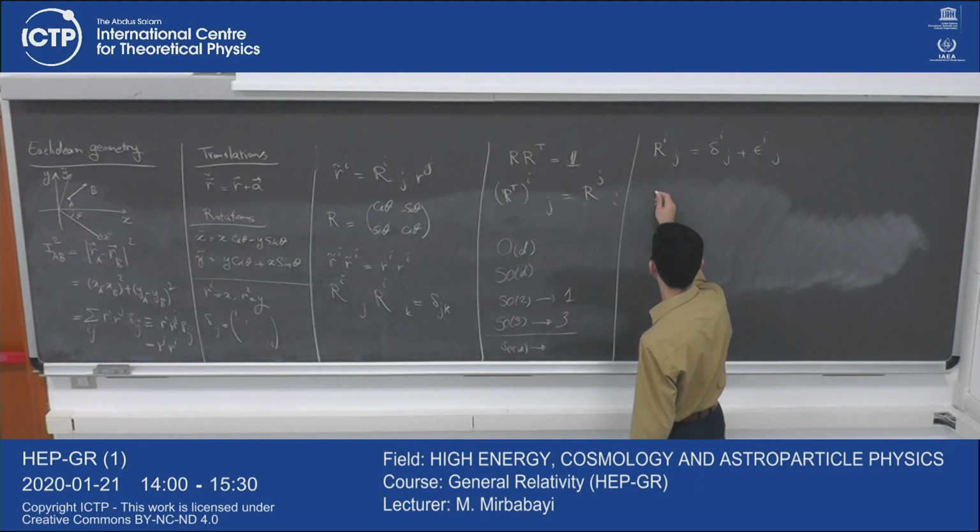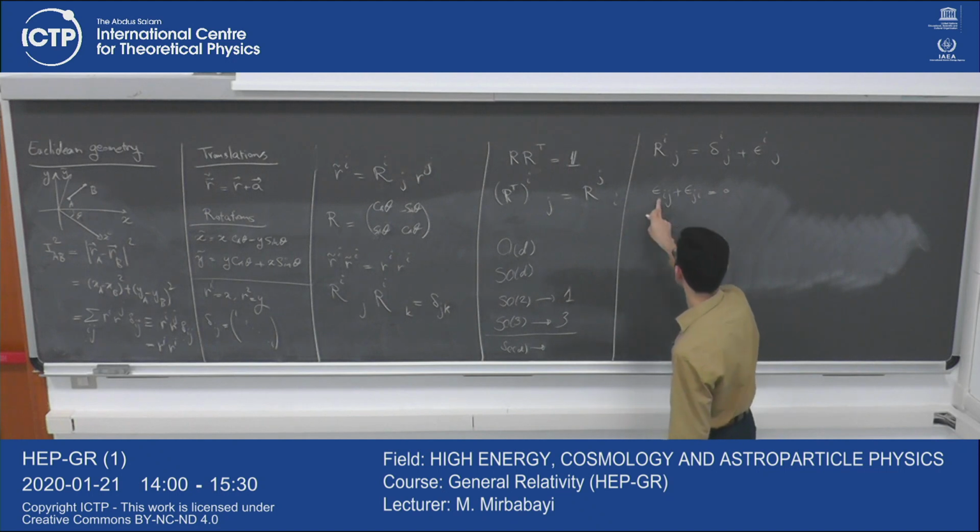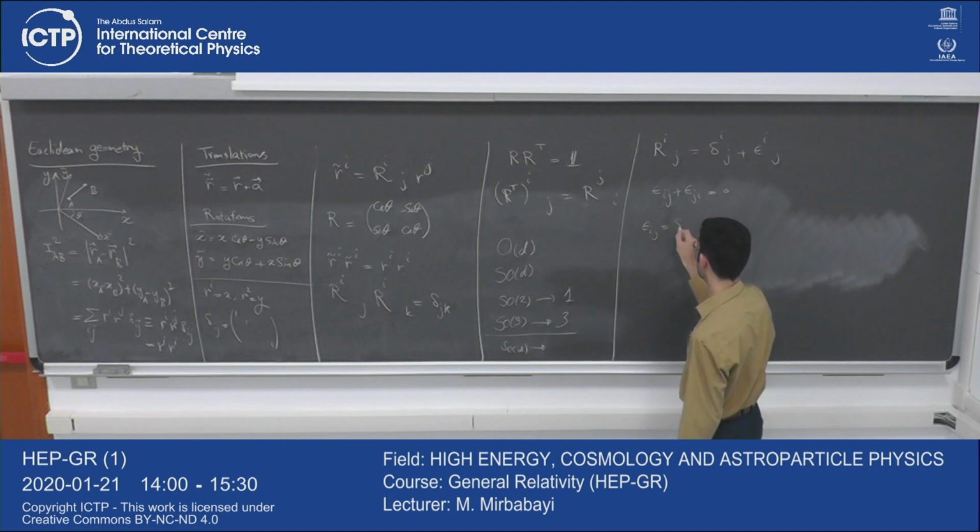What we get is that epsilon_ij plus epsilon_ji has to be equal to 0, where epsilon_ij with lower indices is just defined by contracting with the Kronecker delta.